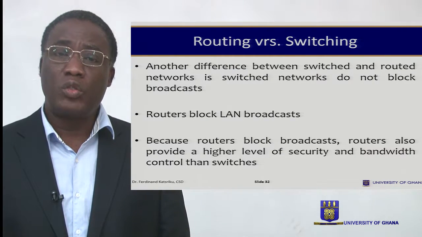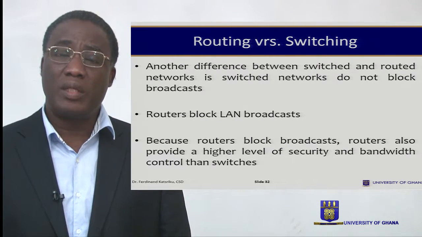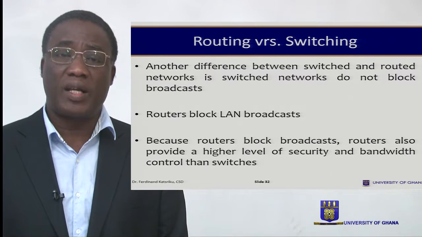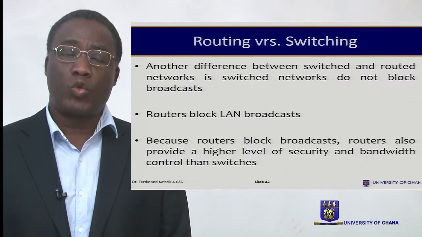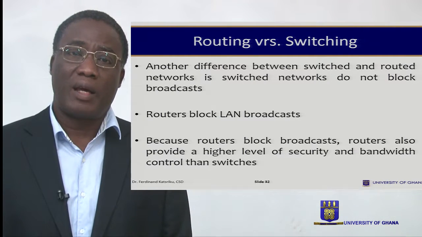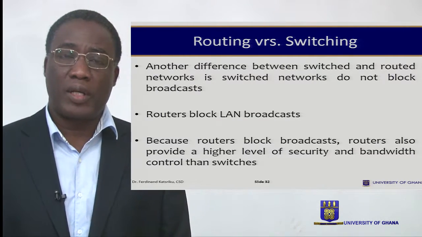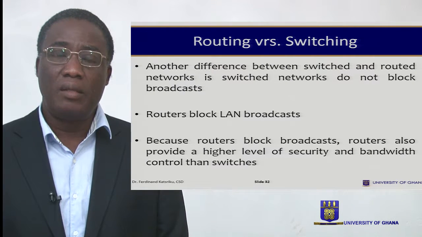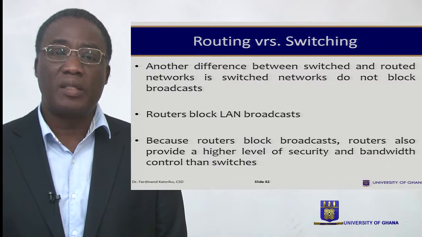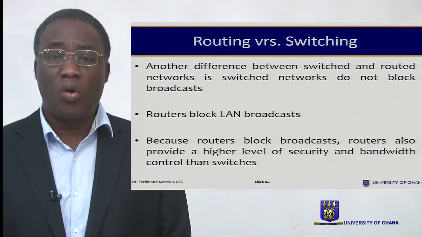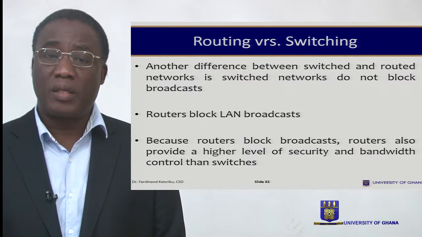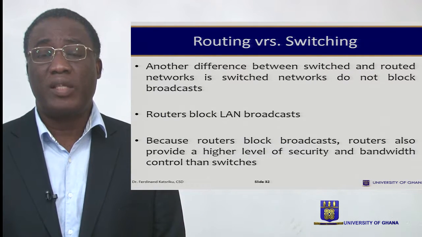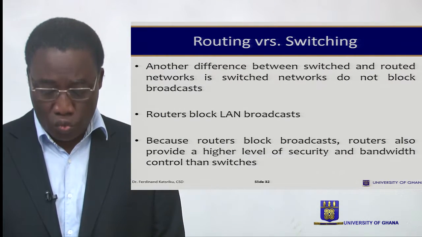Another difference between switched and routed networks is that switched networks do not block broadcast. Recall that switches have larger broadcast domains. They only segment into collision domains. Routers can block LAN broadcasts. Because routers block LAN broadcasts, routers also provide a higher level of security and bandwidth control than switches do.